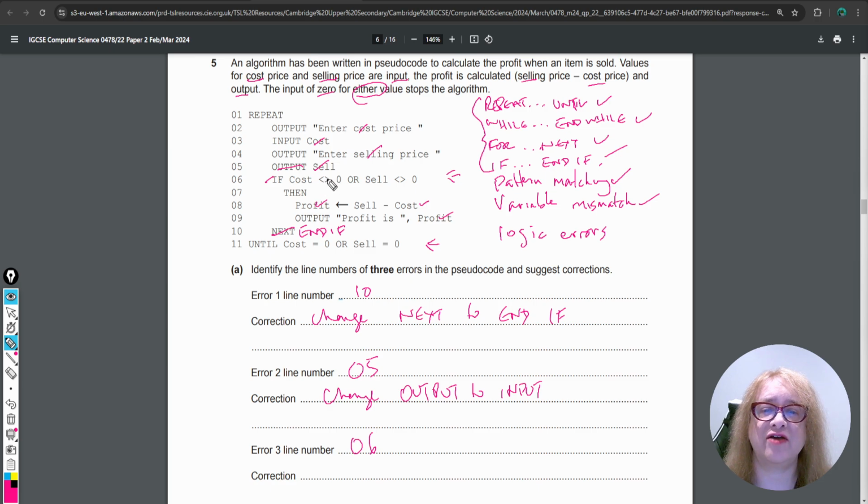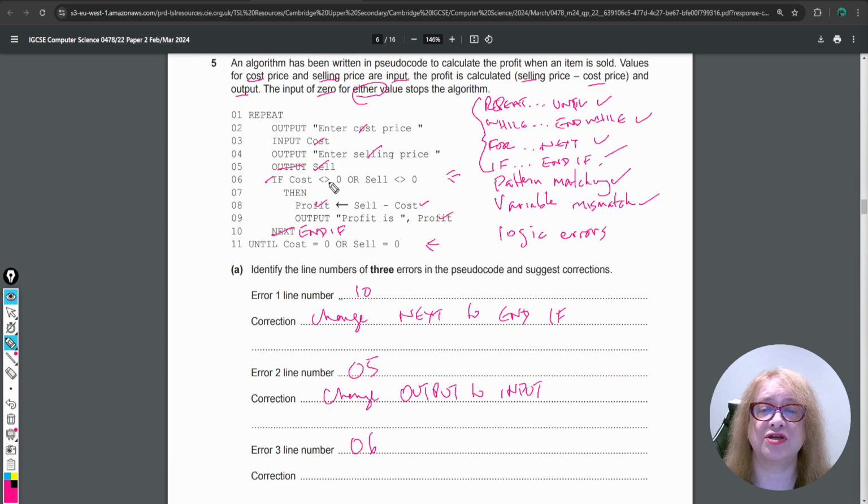Well, this says if we have a cost or we have a sell. So if the cost is 0 but we have a selling price, this will enter into the if condition, and we don't want to do that. If we have a sell price and no cost, it will enter into here. In reality, the cost has to be something. That's what this is saying.